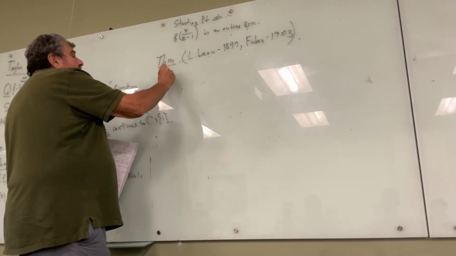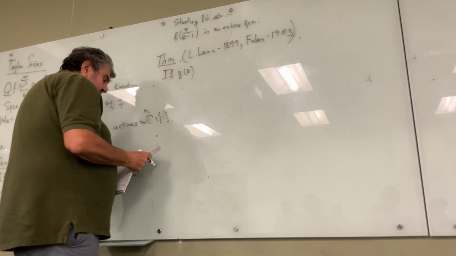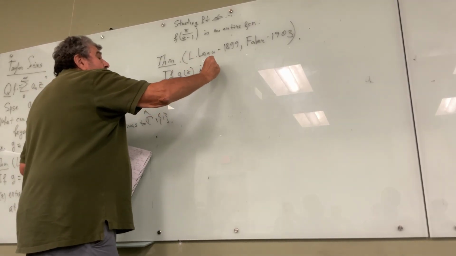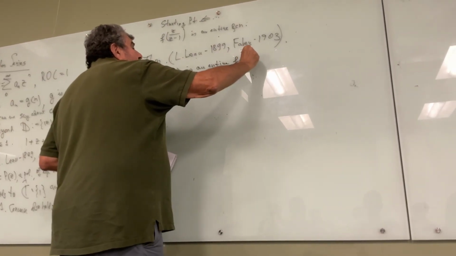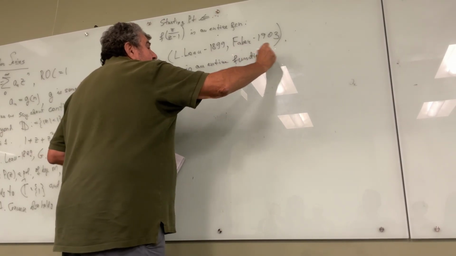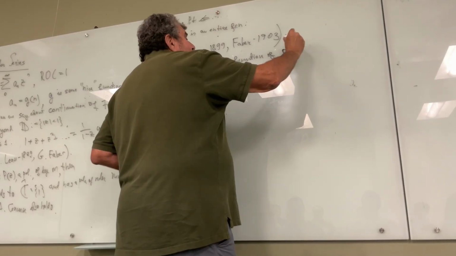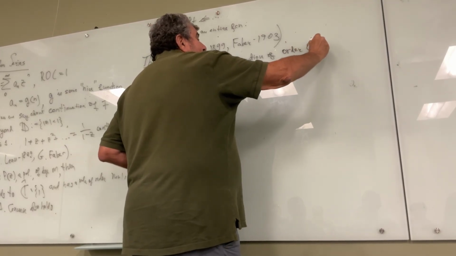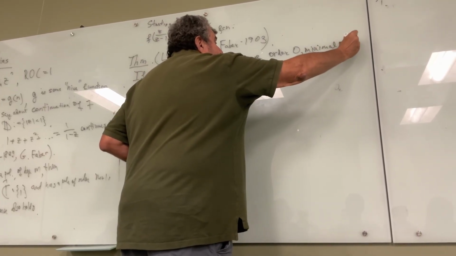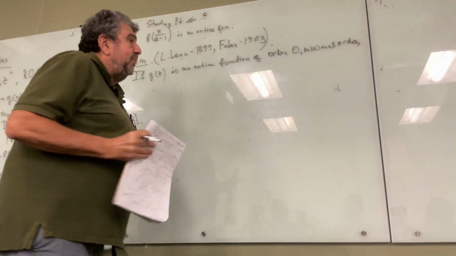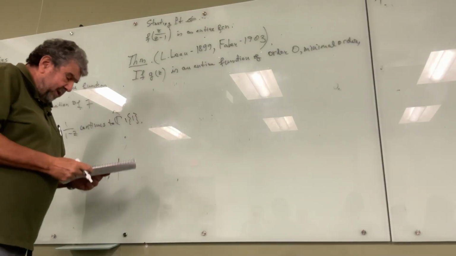If g of z is an entire function of, there are various classical names, order 0, minimal order, I'll tell in a moment what it means. Both terms are not good, actually, intuitively, because they don't really explain what they mean.